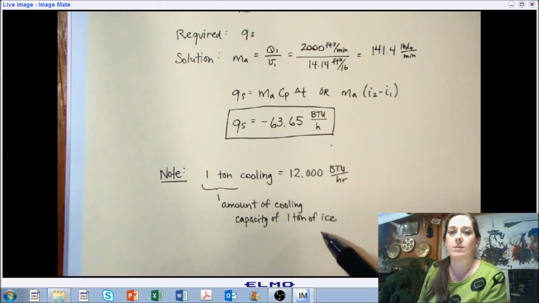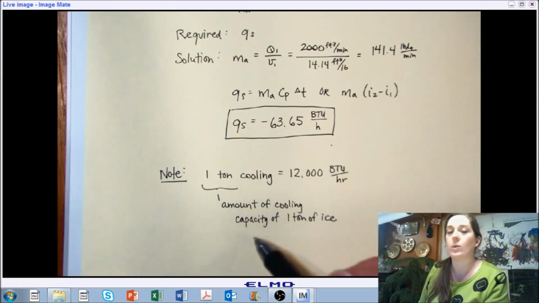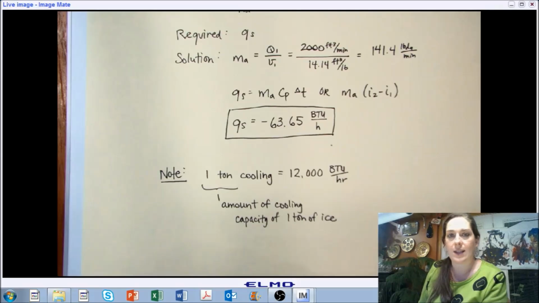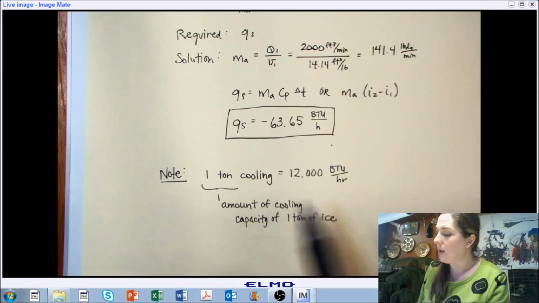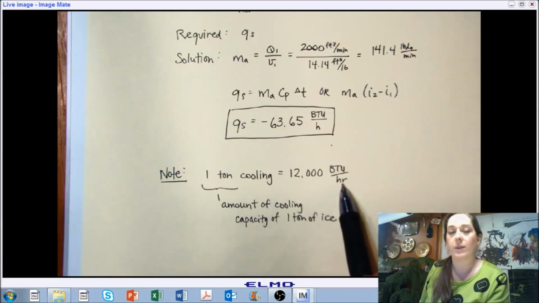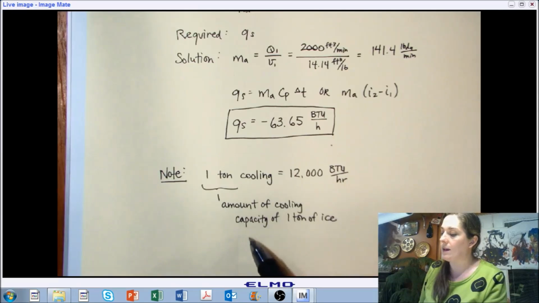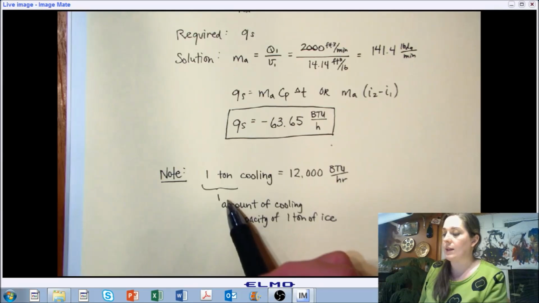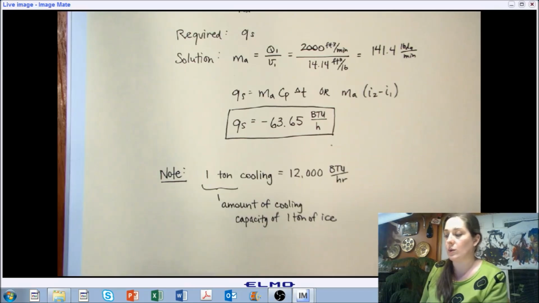So this made sense as a measure of cooling capacity for the cooling unit we were installing, in order to understand how to size it. So when we hear 1 ton of cooling, for calculation purposes, it's the equivalent of 12,000 BTU per hour. And this is still the most common way that we look at sizing and discussing cooling capacities. So you might hear a 1 ton cooler or a 2 ton cooler, and that's the amount of energy that it can remove from the airstream.